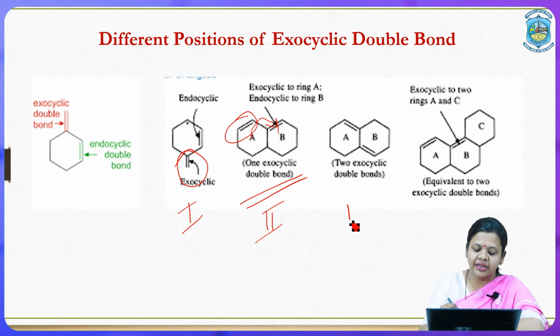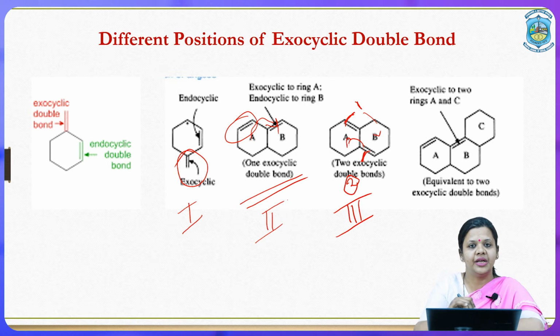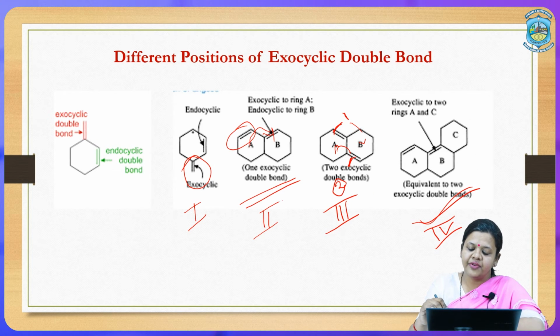Similarly, in the third diagram, you may see this bond number 1 is exocyclic to B and this bond number 2 is exocyclic to A, because bond number 2 is perpendicular to A and bond number 1 is perpendicular to B. So, here there are 2 exocyclic bonds. Similarly, in the fourth diagram also, you may see that a bond which is present in ring B is exocyclic to A and exocyclic to C as well.